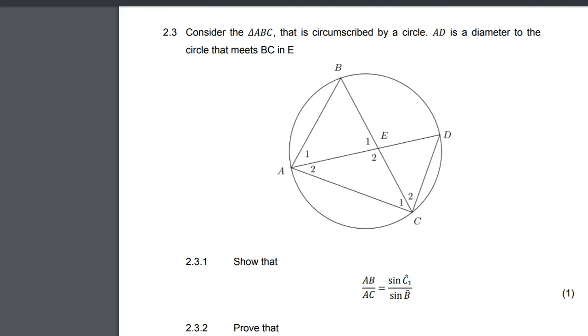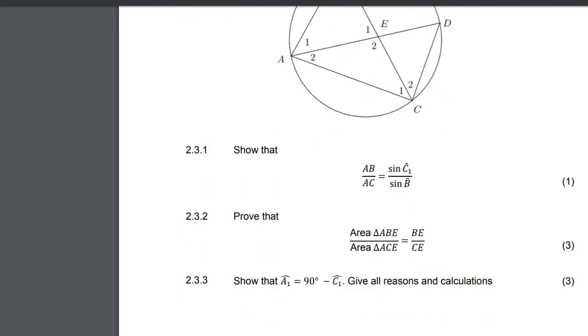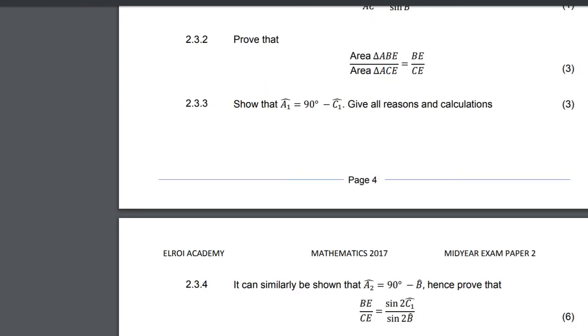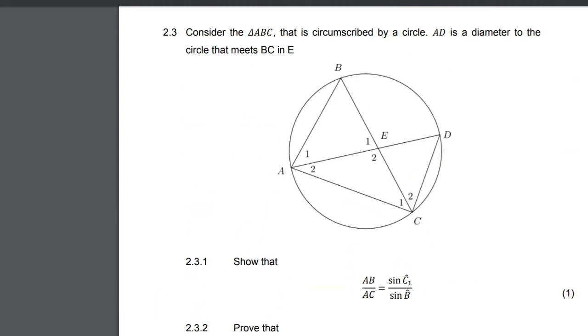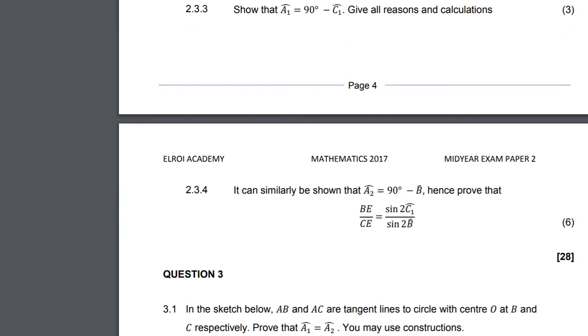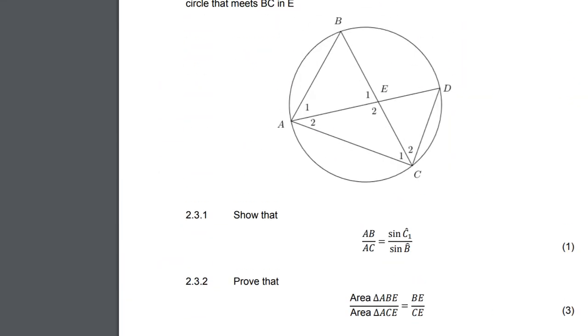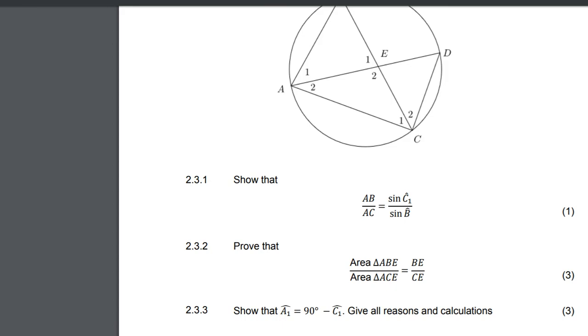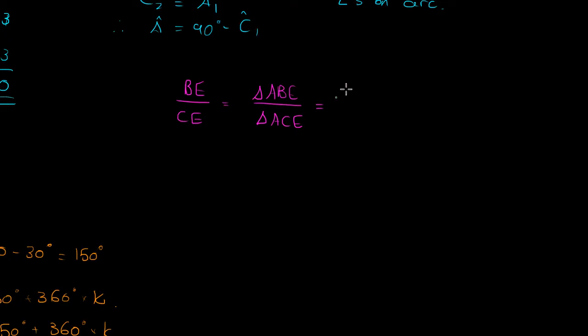So we want to use the fact that A1 is equal to 90 minus C1 and A2 is 90 minus B. So let's use these two. Let's use side length AB over AE. Now let's just see, where do we want to get to? Yeah, well, we'll get there. If we make a mistake, then we try again.